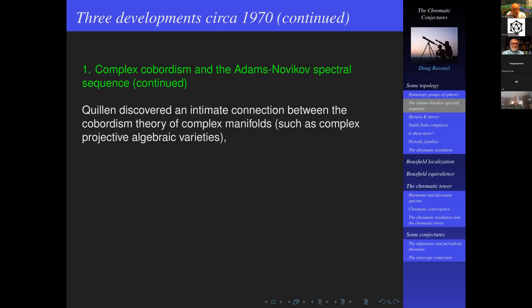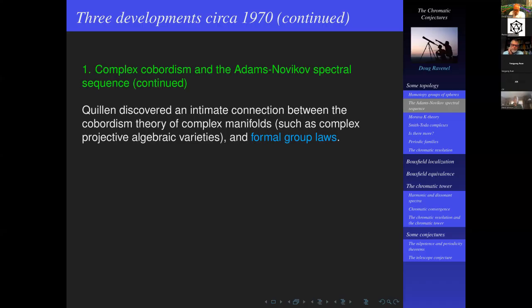Now, Quillen in particular discovered an intimate connection between the cobordism theory of these complex manifolds, which include complex projective algebraic varieties, and some algebraic structures known as formal group laws.